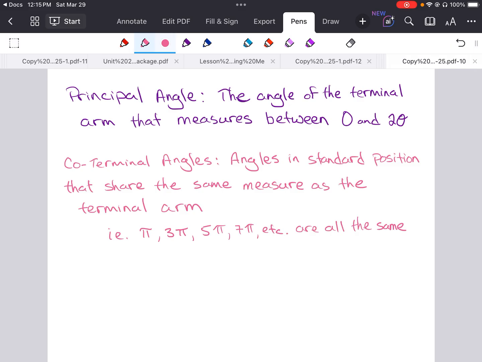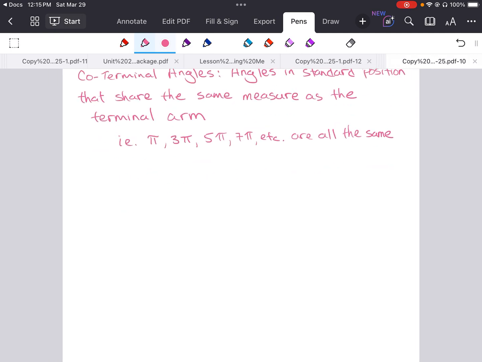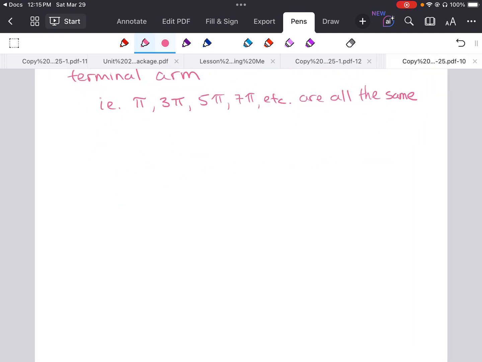So let's think back to grade 11, if we went 180 degrees, so halfway around the circle, and then we went all the way around to 540 degrees, so that's 1.5 circles, they both represent 180 on the actual circle. So let's draw this as an example.